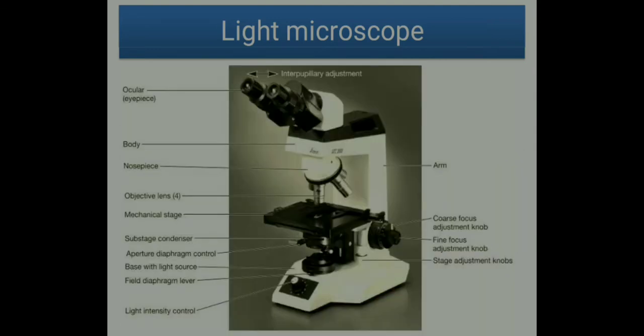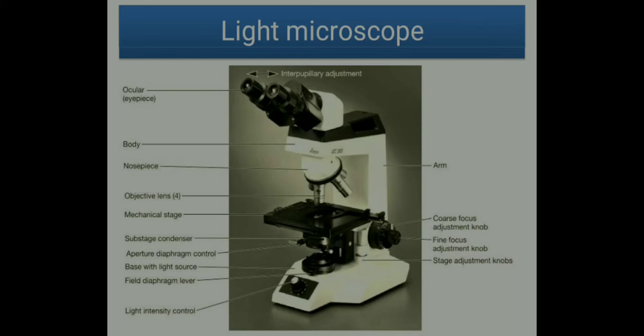So here we have a light microscope. You can see the different parts of it, starting from the light intensity controller, above which we have the field diaphragm lever, base with the light source, then aperture diaphragm controller, substage condenser, mechanical stage, above which we have the objective lens.